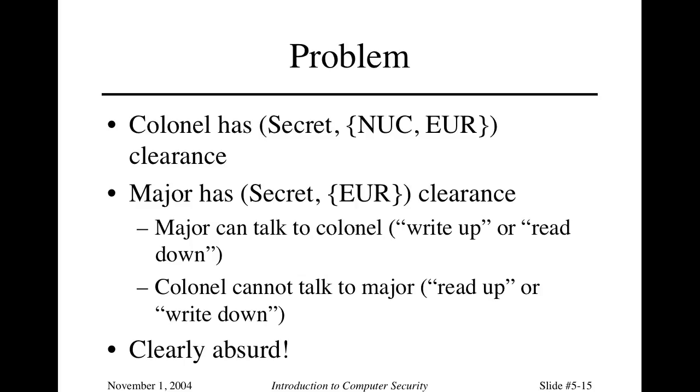Okay, now let's look at the problems of security labels. Let's look at the two persons here. One person has secret and nuclear Europe, where nuclear and Europe form the category set. Another person has secret and Europe as the category set. So one person dominates the other.